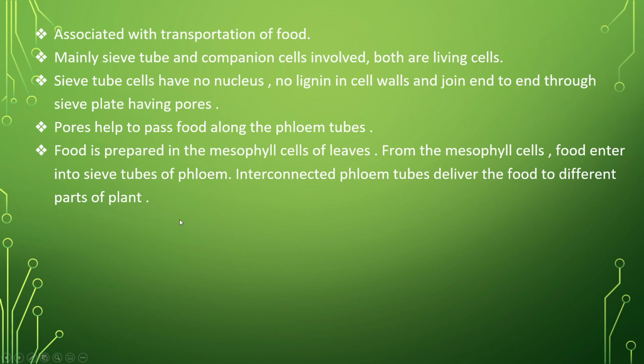So once the food enters the phloem tubes in the leaves, it is transported to all other parts of the plant by the network of phloem tubes. This phloem is also present in the roots, leaves and stem. So interconnected phloem tubes deliver the food that is synthesized in the leaves to different parts of the plant.